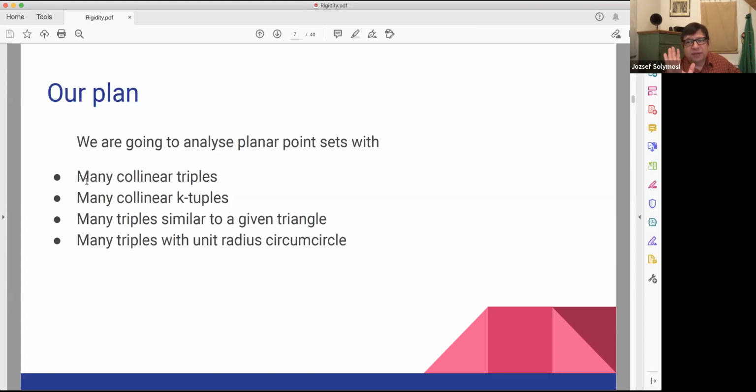Many means that if you have n points, then you have c times n squared collinear triples. Well, not only c times n squared collinear triples, that's easy to have if you have all of them on one line, but that's not what we count. We count the number of lines which have at least 3 points. The lines which contain only 2 points are called ordinary lines.